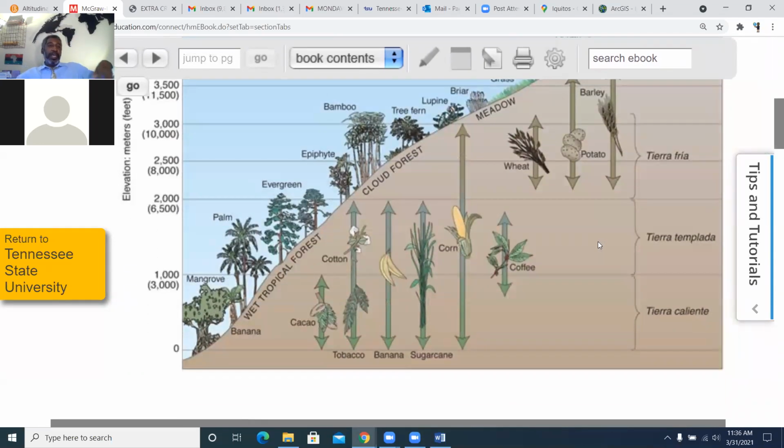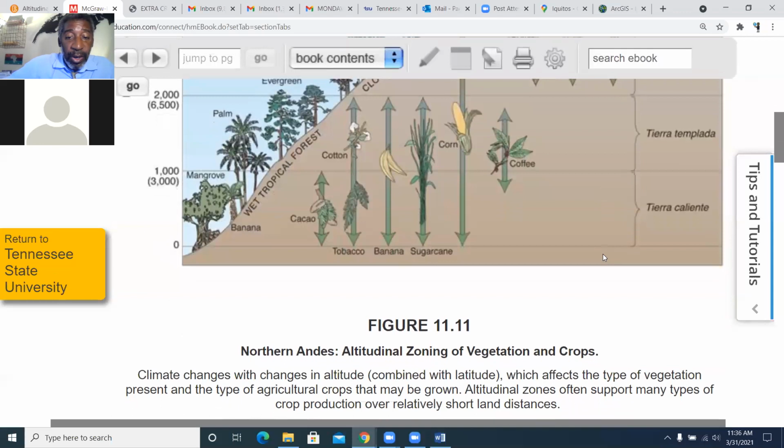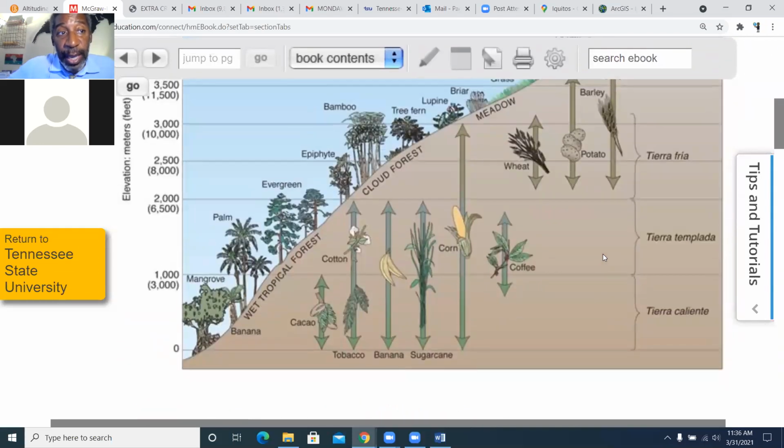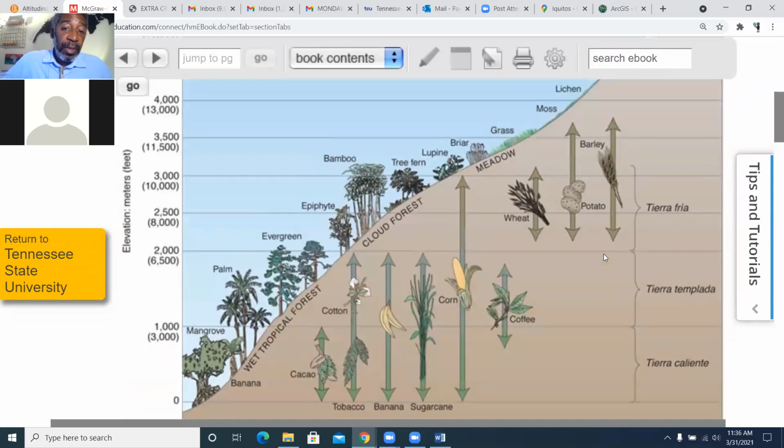And so again, this is an earth science tradition related phenomenon. Altitudinal zonation is also a human land tradition based phenomenon, in that the elevation dictates the types of agricultural activity that human beings engage in throughout Latin America and the Caribbean.